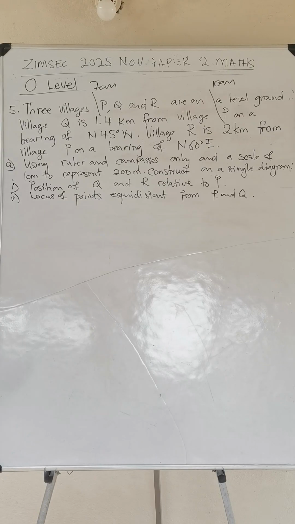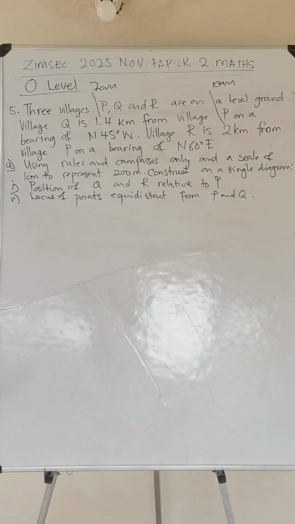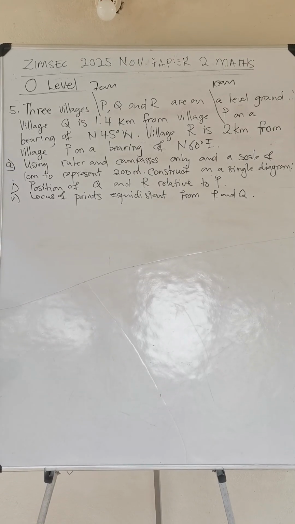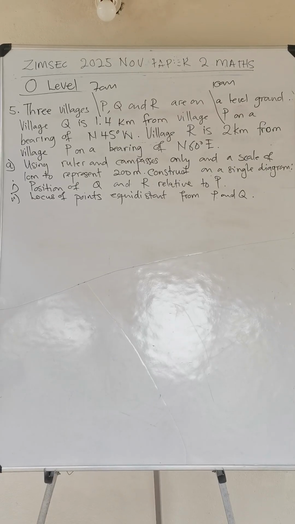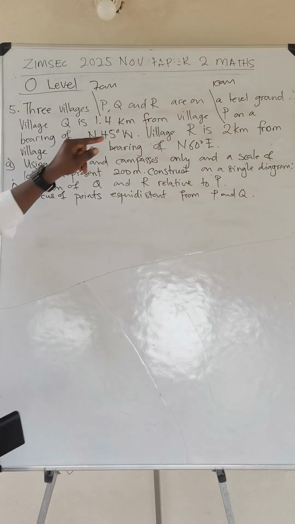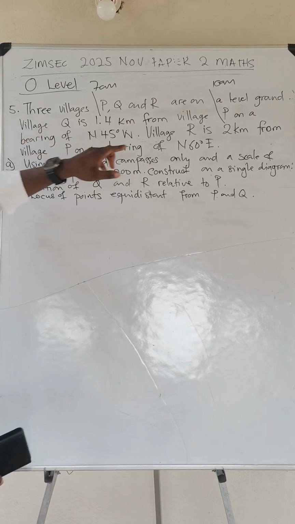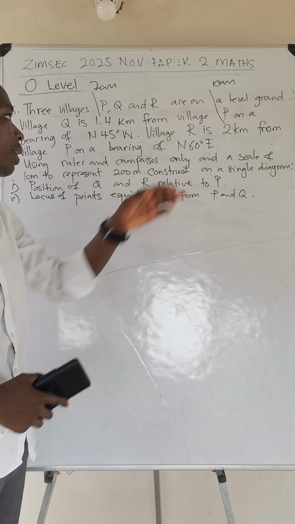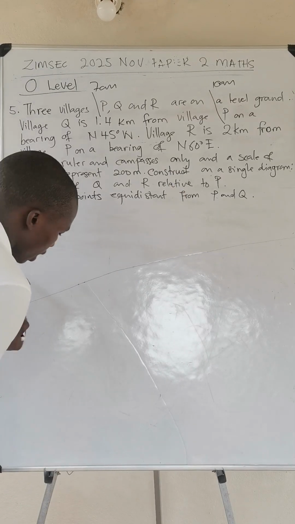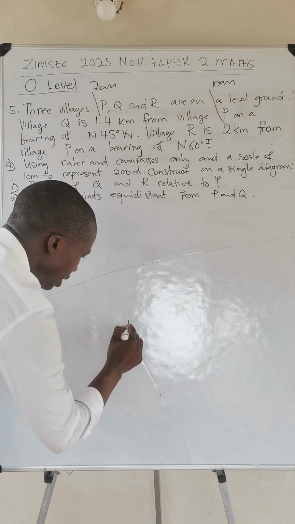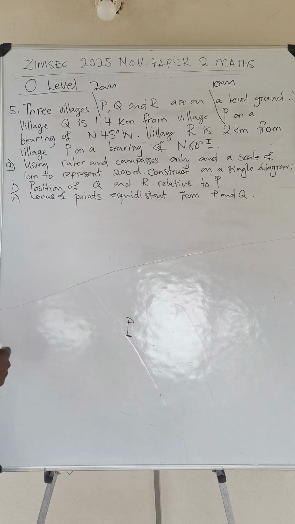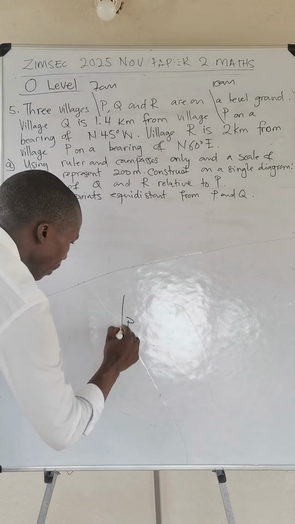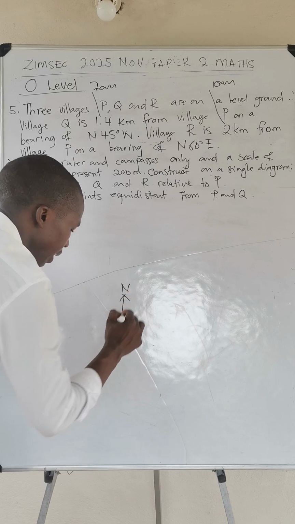What we have to do is place our compass on the point we are referring to. Village Q is from P, so we put our compass on point P. Let's assume that our point P is here. This is our point P. Then we put our compass here. This is the northern direction.